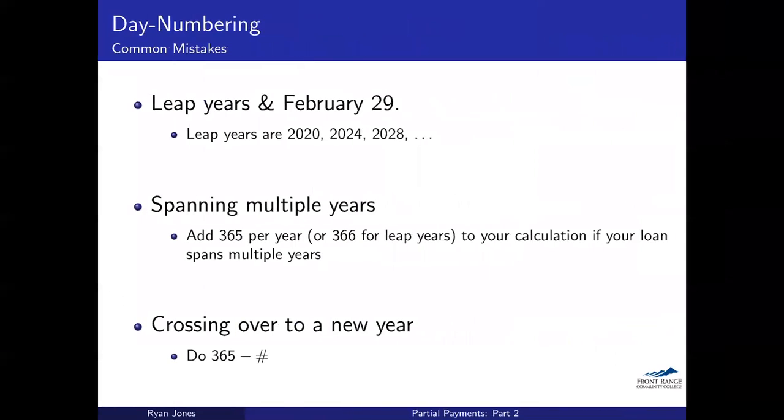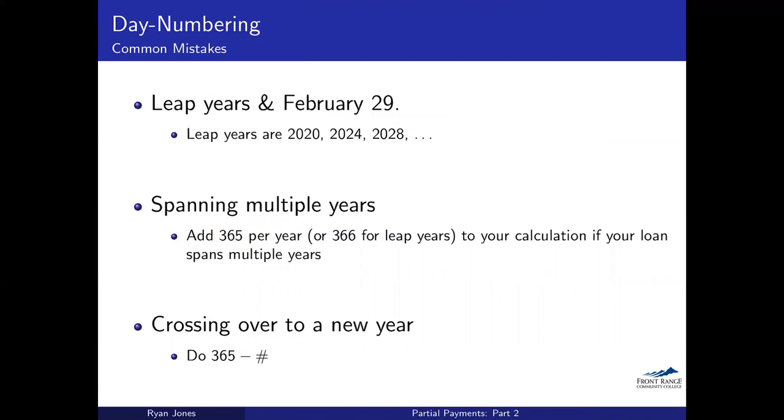So if you span multiple years, what you actually have to do is add that year into your calculation, which means adding 365 to your number. If it is a leap year that you're spanning over, you have to add that extra day as well. So 366. You could have a loan spanning 4 or 5 years and you got to add a lot of days to it, but that's okay.